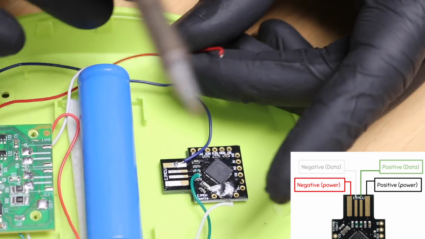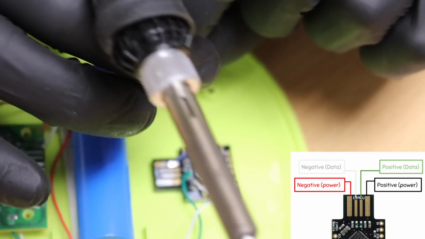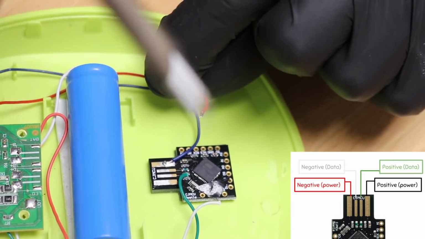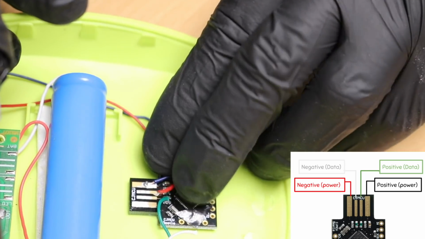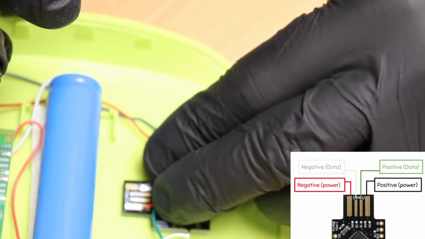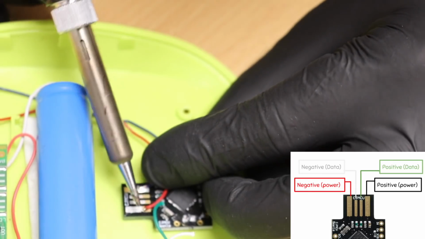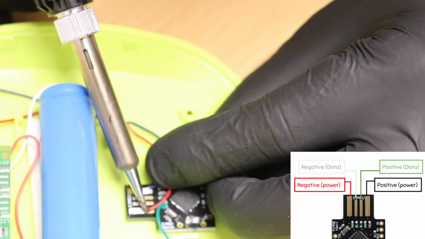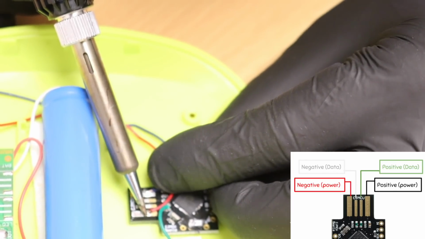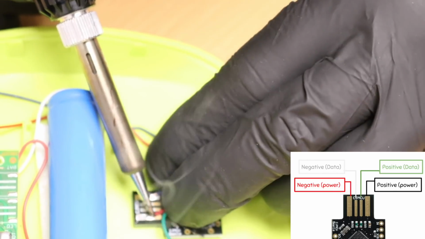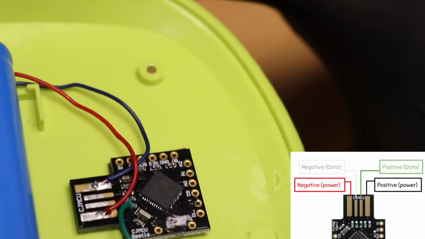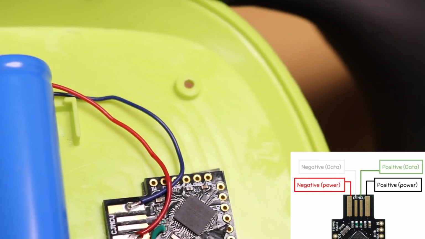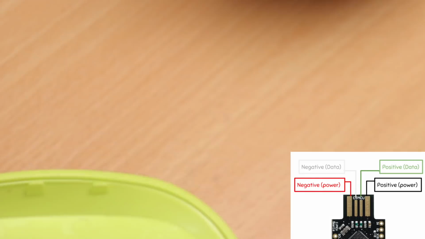Yeah, it's just a standard USB pinout. So every USB device is pinned out this way. Connect the power wire. Now it is important to not bridge any of these, because if we do, the device will be damaged. Alright, so there's the power and the ground. Yeah, perfect. They look decent.